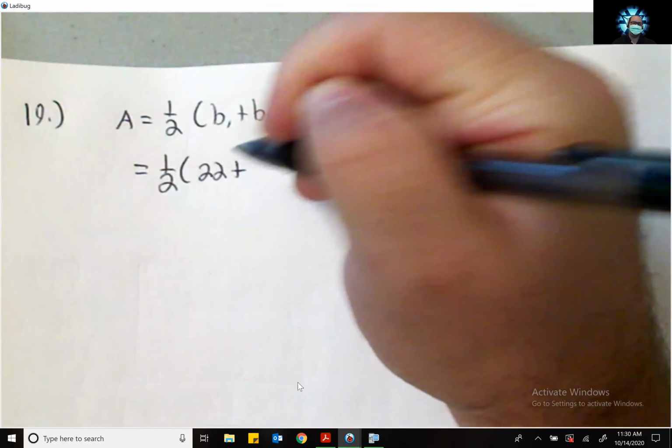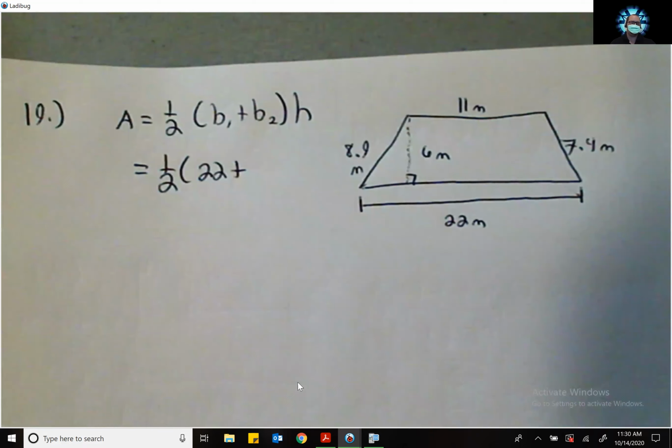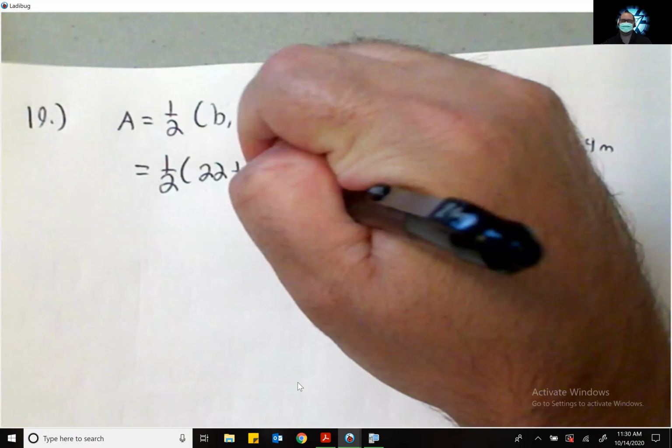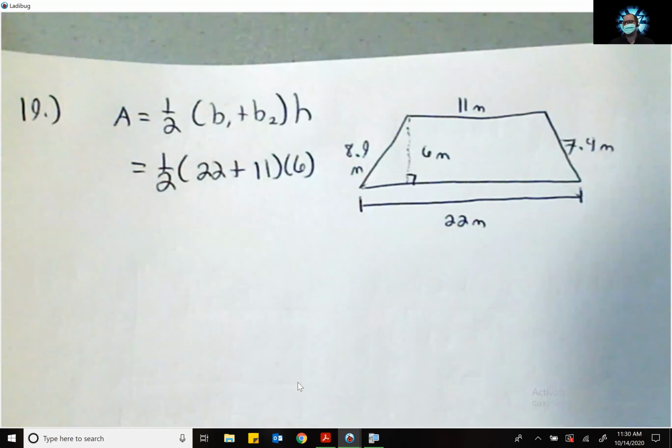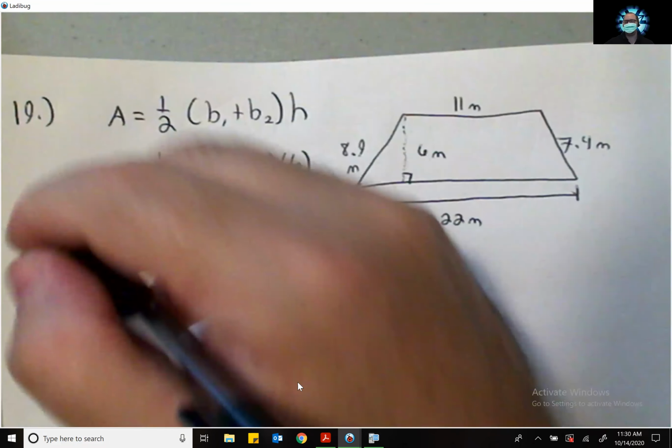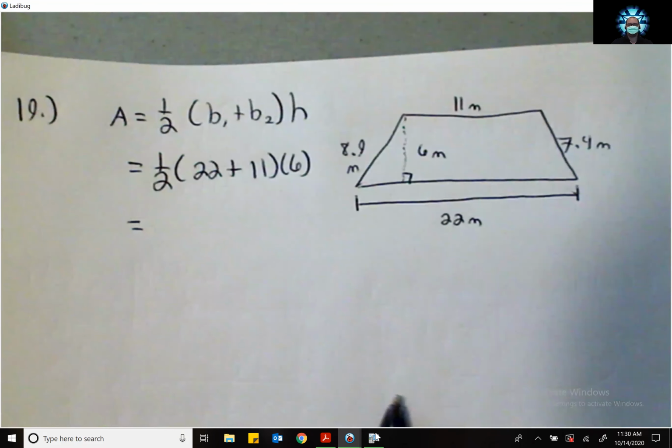Plus, what's our second base? 11. You got it. And then what's the height? That'd be 6. Okay. All we've got to do is go to our calculator, put this in, and let it kick out the number for us.